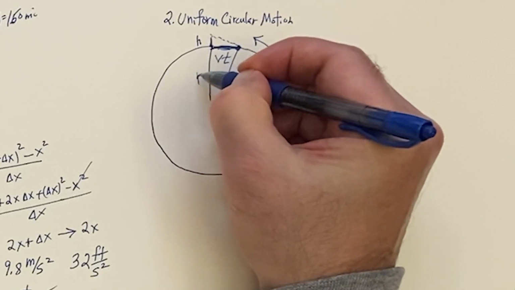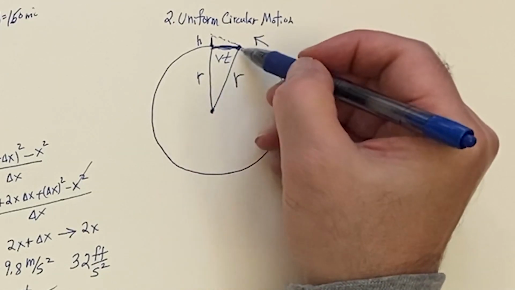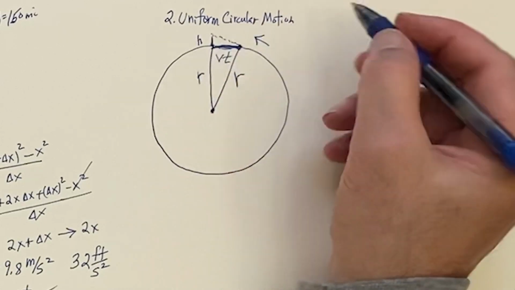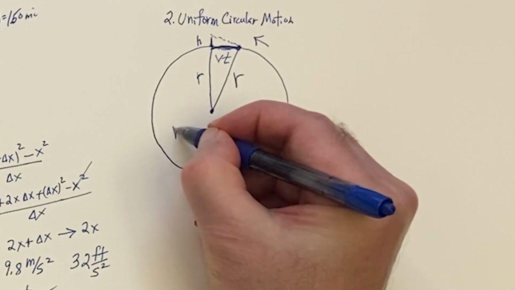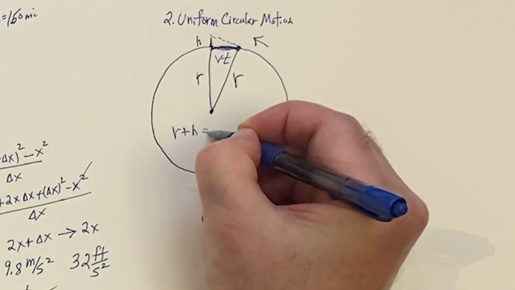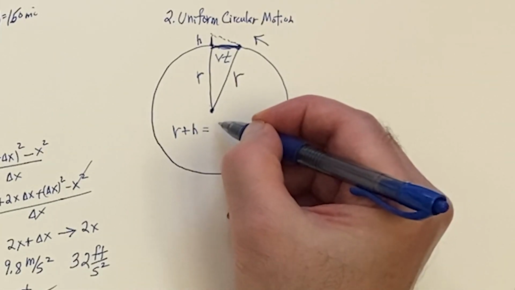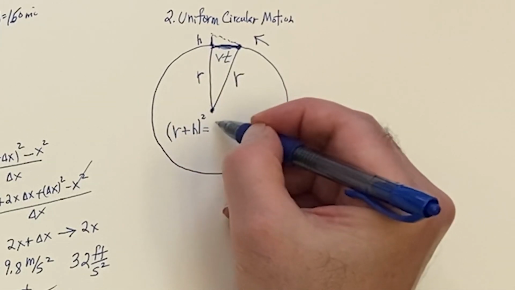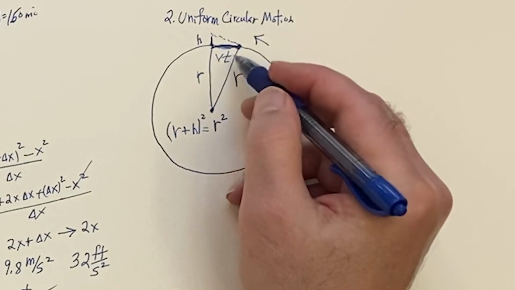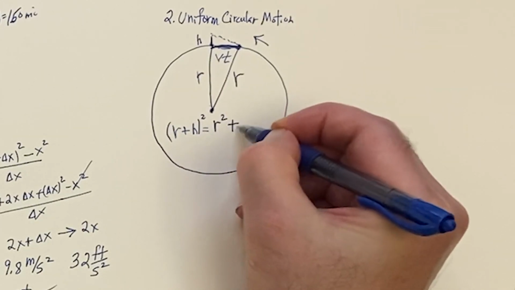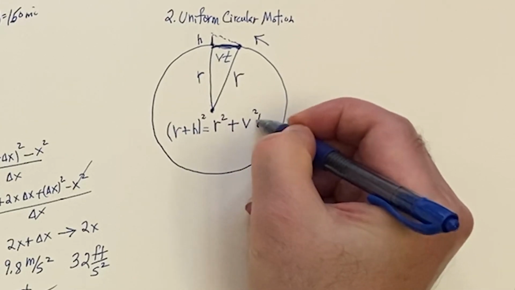So now we can do a nice little equation with the right triangle here, that the hypotenuse, which is r plus h, if we square it, is going to be equal to r squared, this one, plus this other leg, which I'm going to take to be v squared t squared.